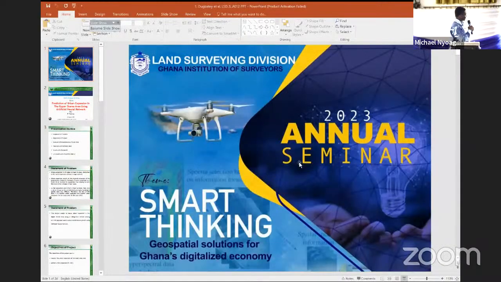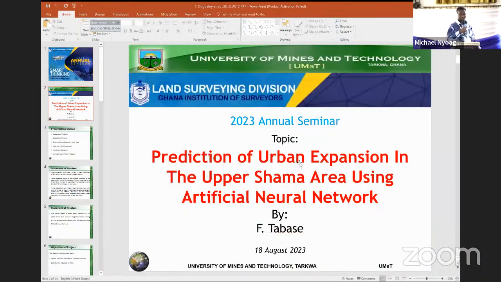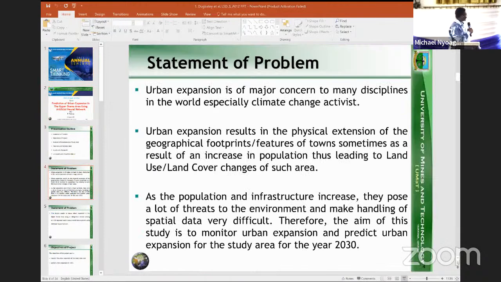Urban expansion is a major concern to many disciplines in the world, especially those of climate change activists. Urban expansion results in physical extension of the geographical footprints of various landed features of towns, sometimes as a result of an increase in population, thus leading to land use, land cover changes in such areas.